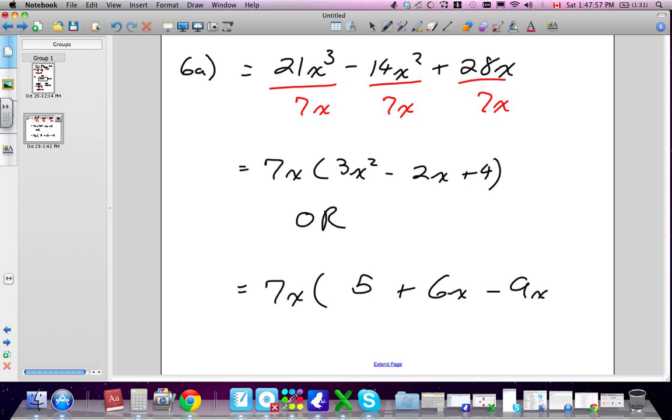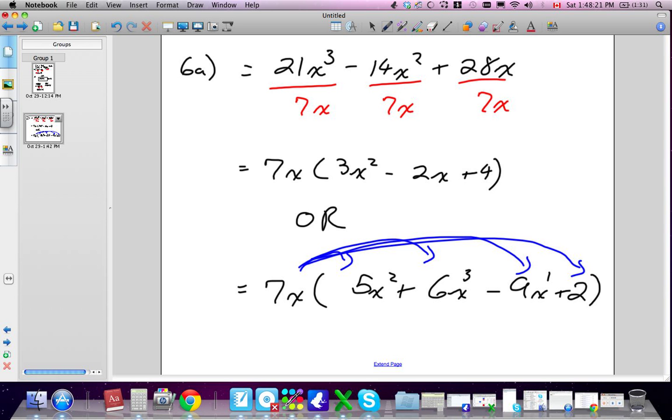Now, to actually create the polynomial not in factored form, I'm going to distribute the 7x into every term here, okay? And if you look, 7 times 5 is 35x. X times x squared, x cubed, or x to the power 3. All right, next one, 7 times 6 gives us 42.